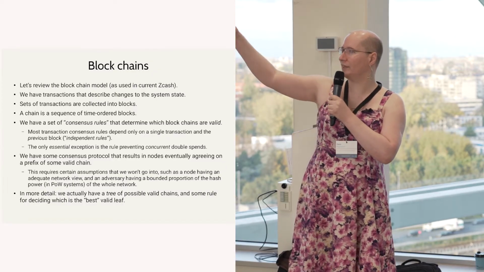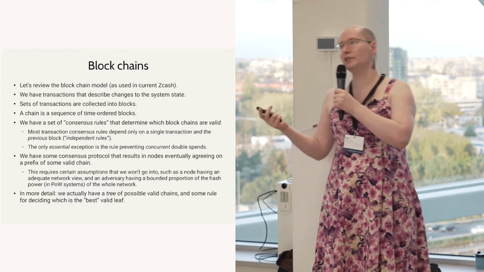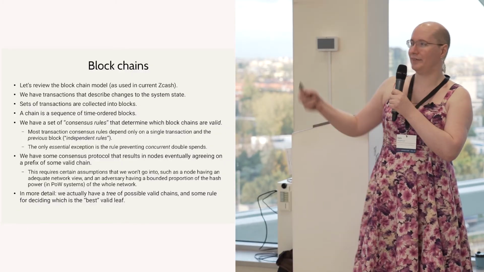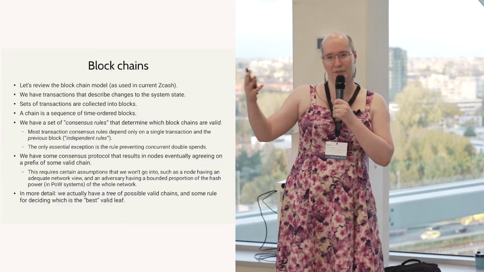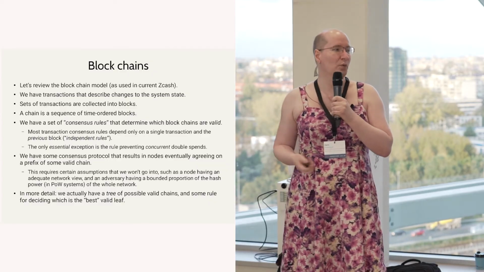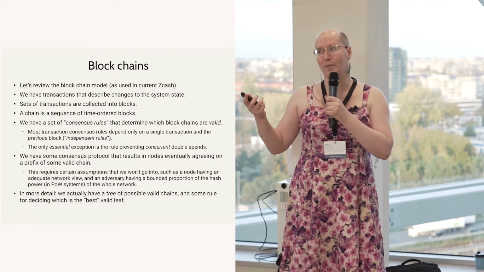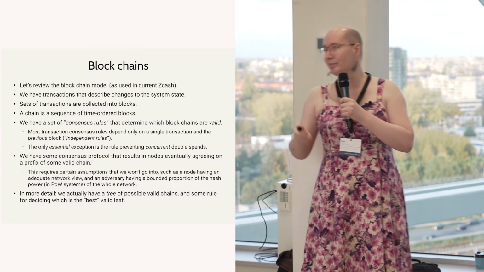We've got some consensus protocol, which is basically used to define the ordering of transactions, and the assumptions that we require for security of that ordering are out of scope for this. We could use proof of work, we could use proof of stake. What I'm going to describe here is basically independent of that layer.